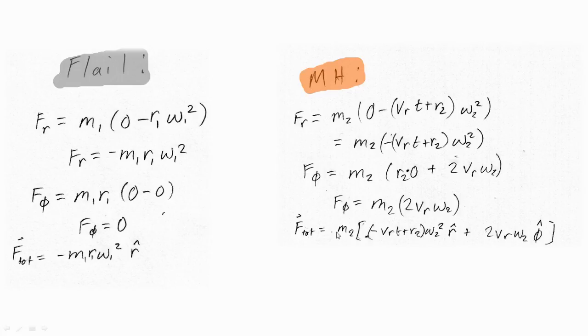For the meteor hammer, for the r hat, we have kilograms times meters per second times seconds, so that's meters plus meters, so meters times radians per second squared. So we have kilograms times meters per second squared, so that's newtons in the r hat direction. And in the phi direction, this is meters per second times radians per second, meters per second squared times the kilograms, more newtons.